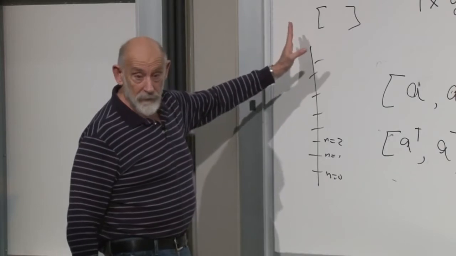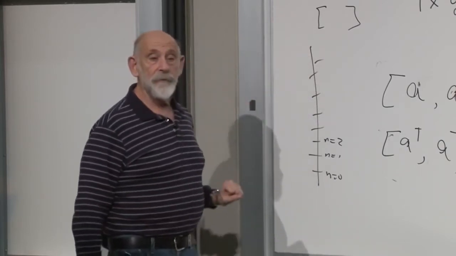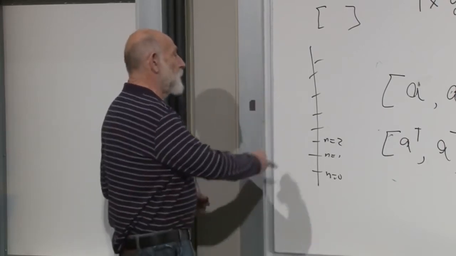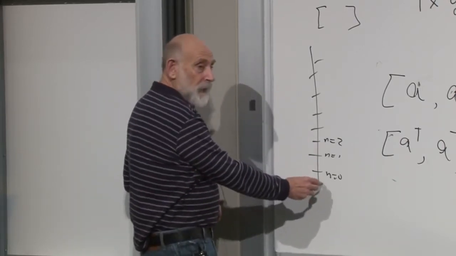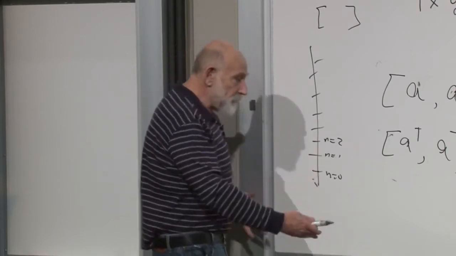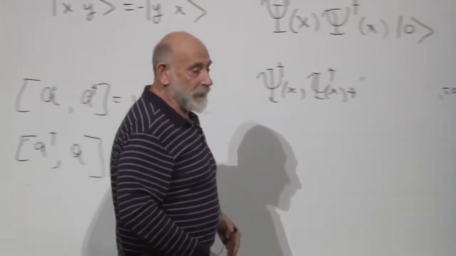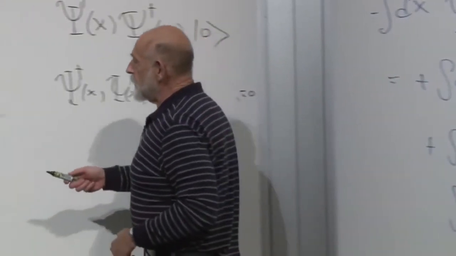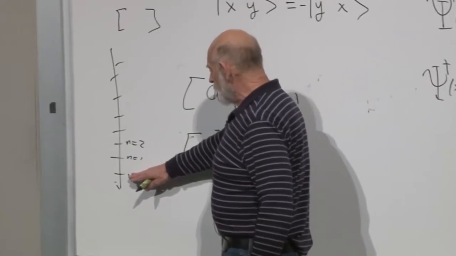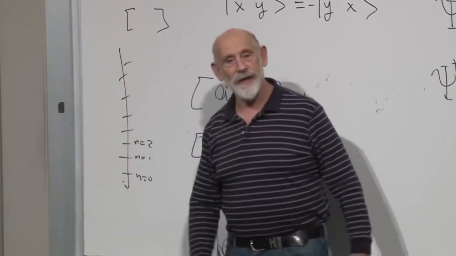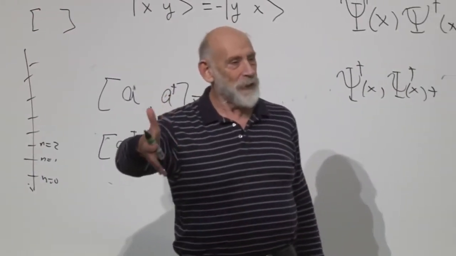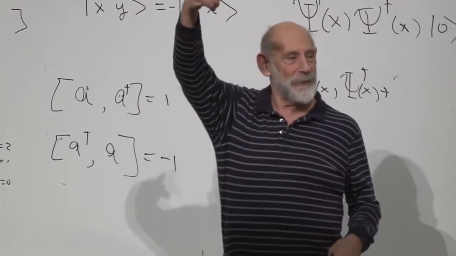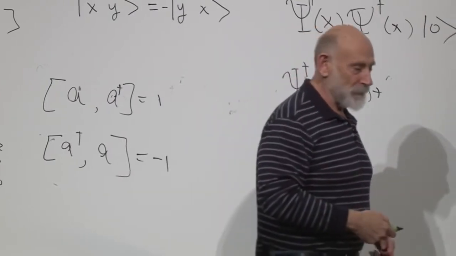And since the ladder never ends, a creation operator never runs into the problem that an annihilation operator does if it annihilates too many times. Annihilation operators, when they get down to the bottom, give 0. Another way to say it is that this spectrum of n going from 0 to infinity is not the same if you turn it upside down. You can go up to infinity, but you can't go down past 0.